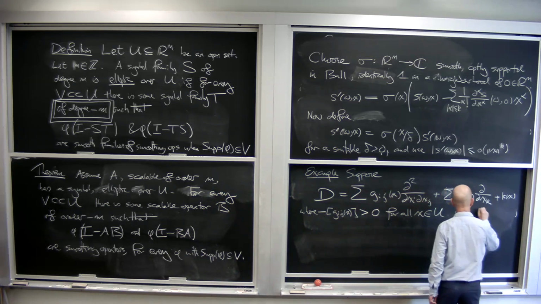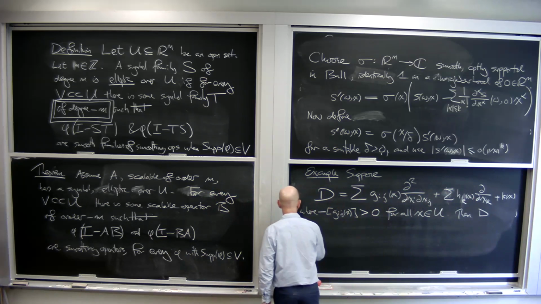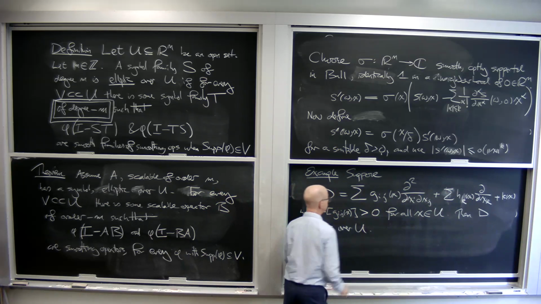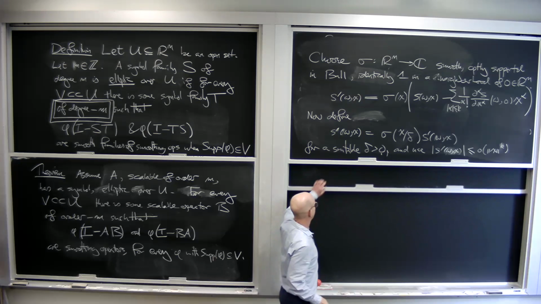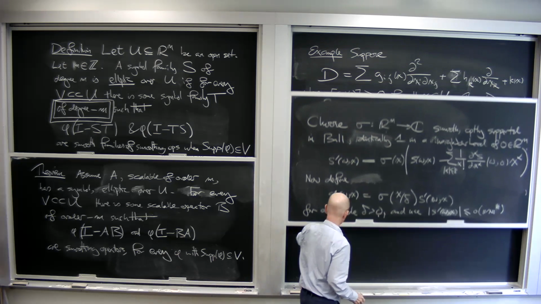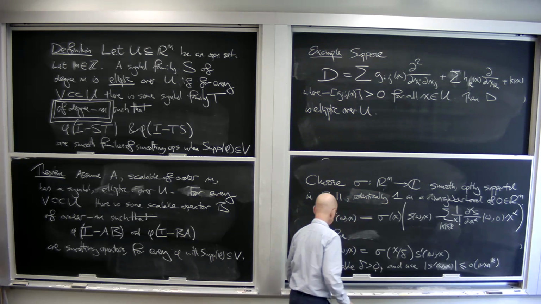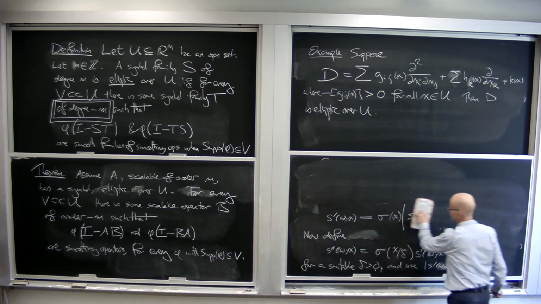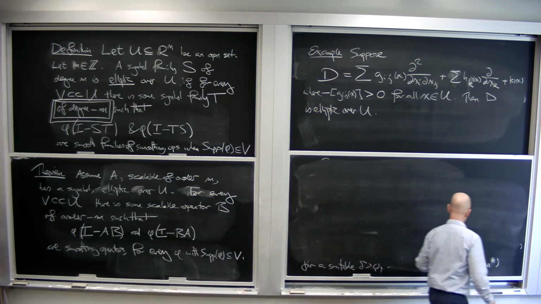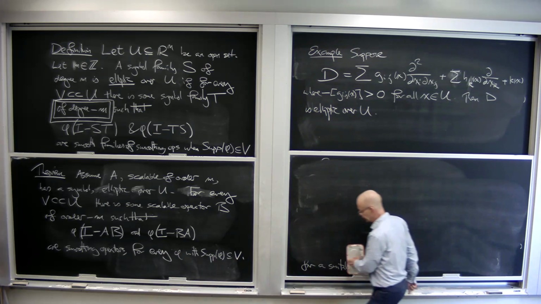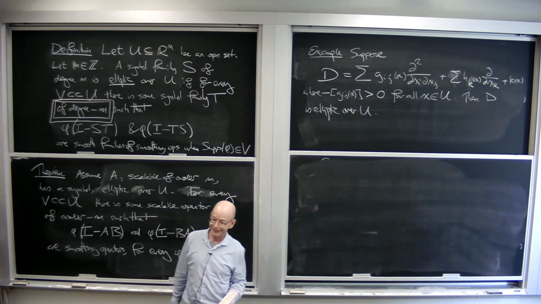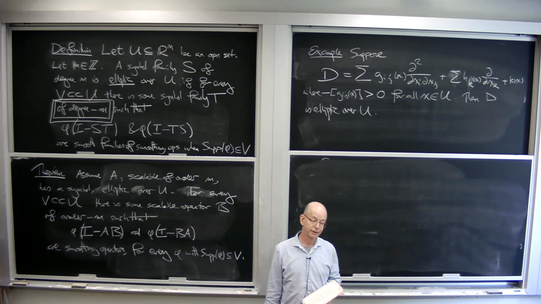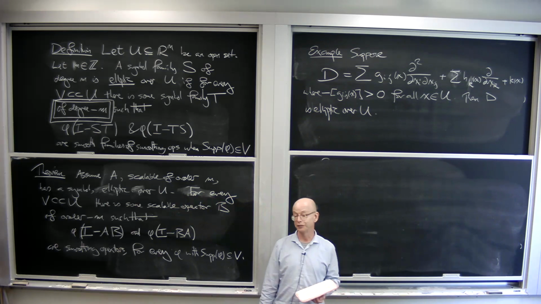Any one of these guys is elliptic over U. Let's just see why. So this is a scalable operator, as we know, of order 2. We know how to make a scaling family out of this single scalable operator, namely you just multiply it by t squared.